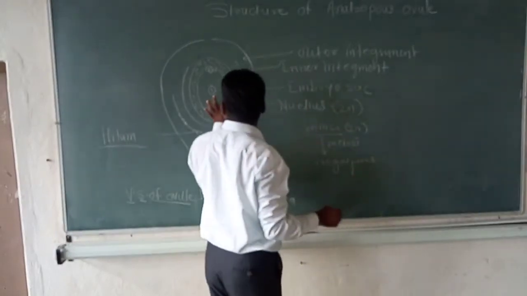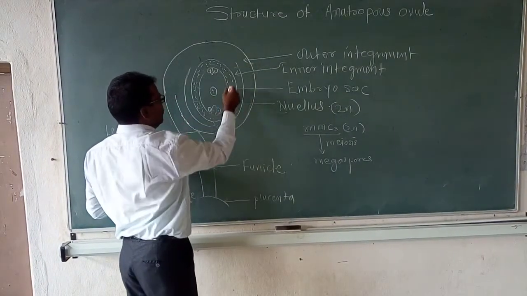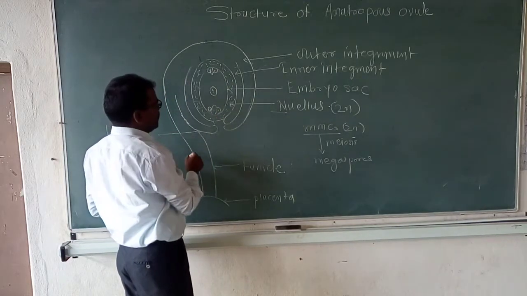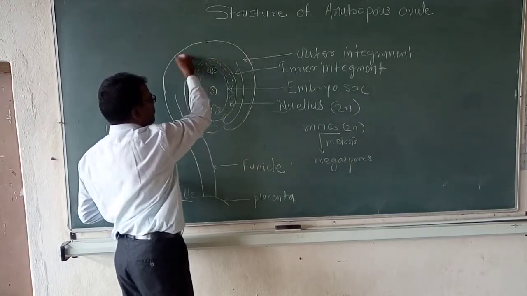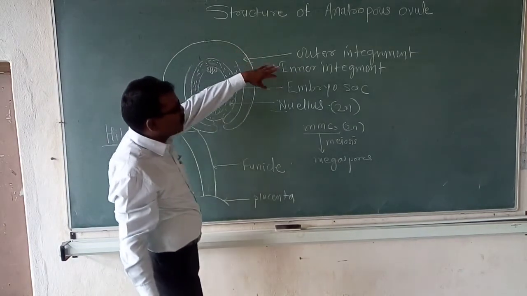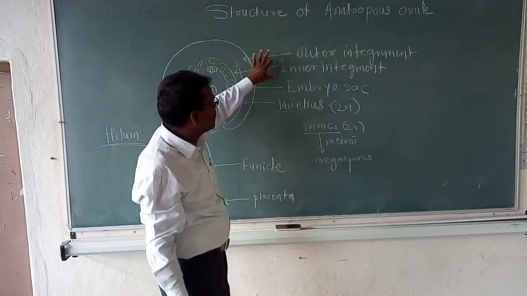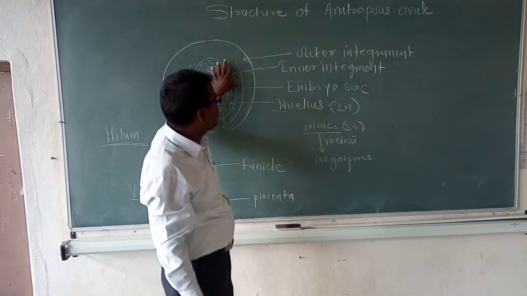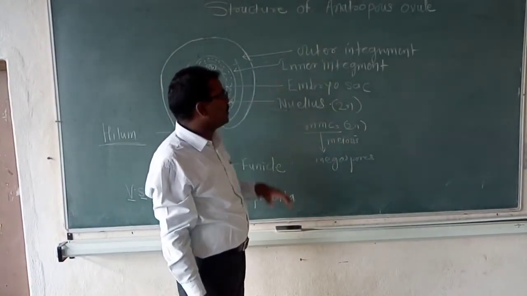Two coverings around the nucellus, the inner covering on both sides and the outer covering on both sides, are called integuments. On the inner side there is inner integument, and on the outer side there is outer integument.